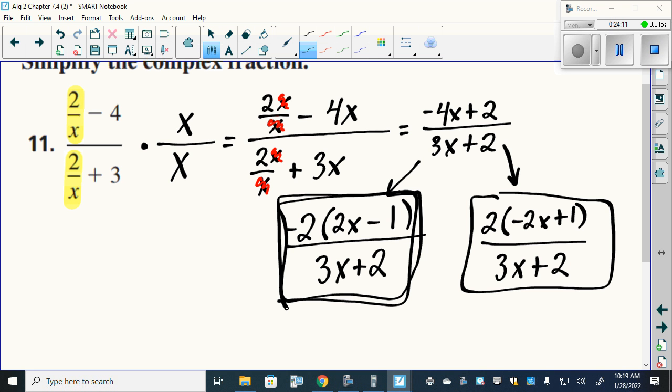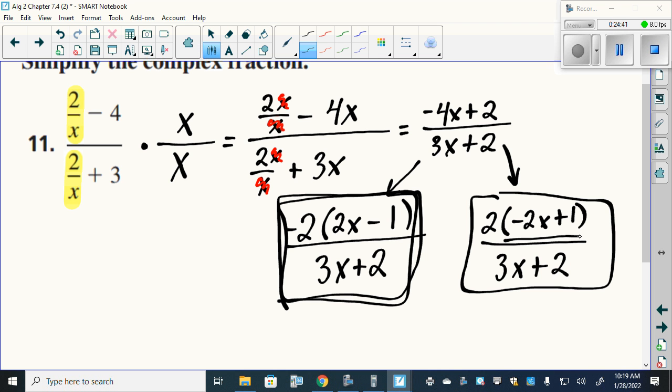But both of them are really the same. If we did have a negative in the denominator that we could pull out also, then it could make the whole thing positive. Or especially if the denominator was a negative 2x plus 1, then we can leave it in and they would cancel out completely. But here, because nothing's actually going to simplify, it really doesn't matter.